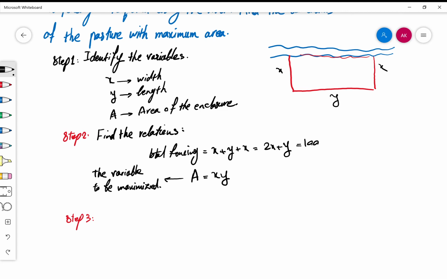So find the equation for A in terms of only one of the variables.